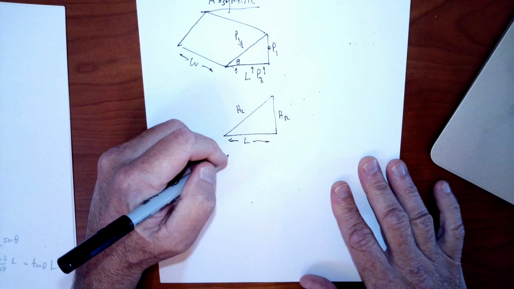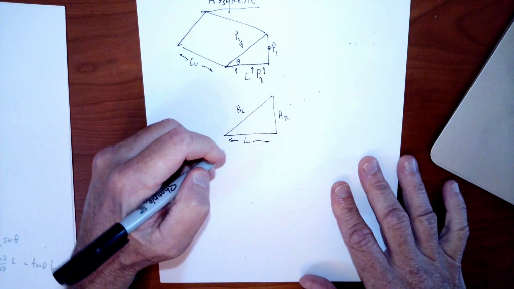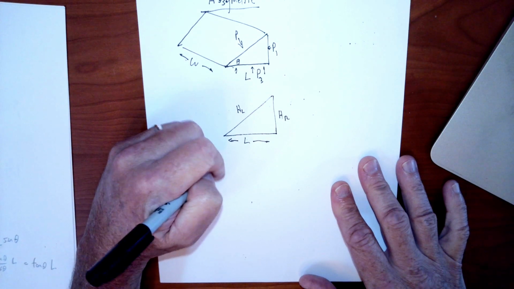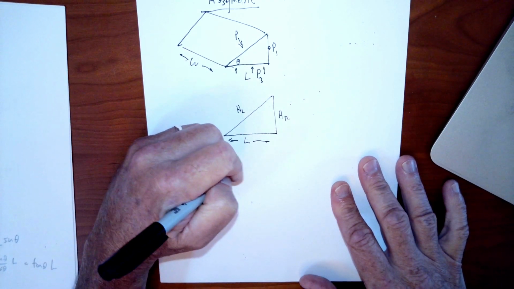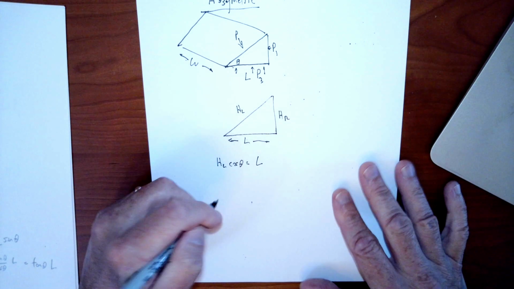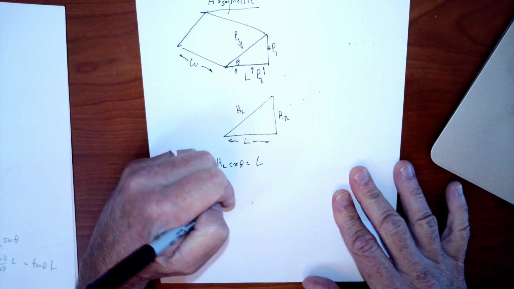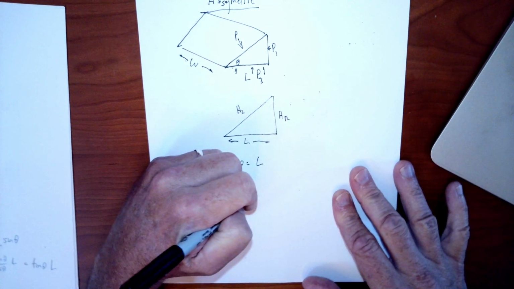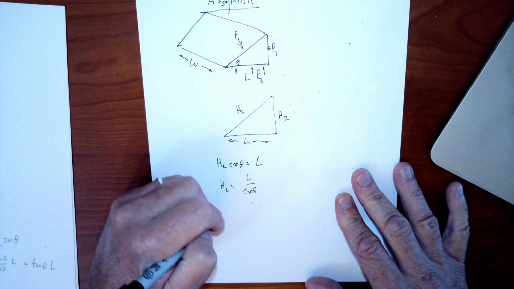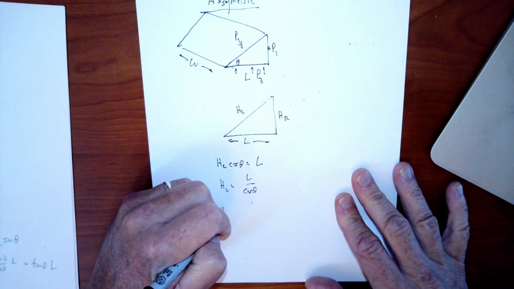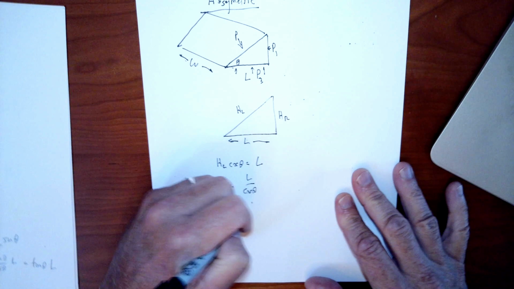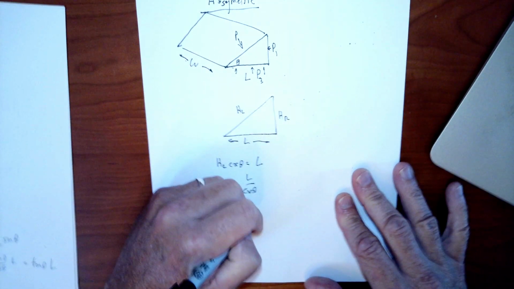I can see that HL times cosine theta is going to equal big L. So I can get HL is equal to L over cosine theta. Similarly, HR is equal to HL sine of theta.